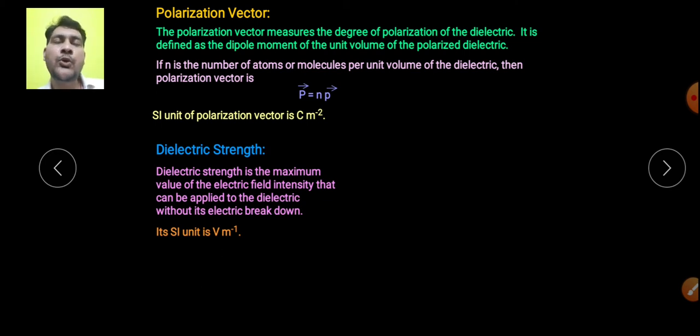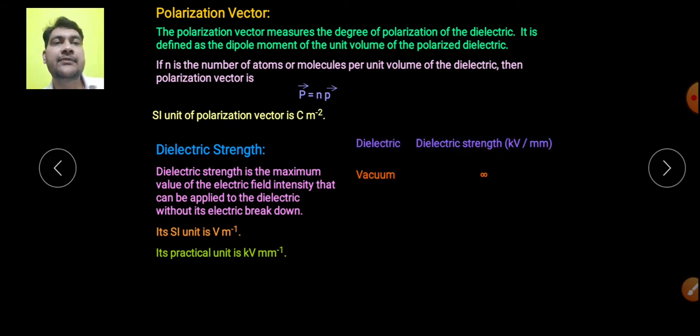So that amount of external electric field which is used to create the electric breakdown of a dielectric, that maximum electric field intensity is known as dielectric strength. Its SI unit is volt per meter. Actually, it is electric field, and SI unit of electric field is volt per meter. But practical unit is kilovolt per mm. Kilovolt per mm means how many kilovolts potential difference is applied per millimeter of a dielectric.